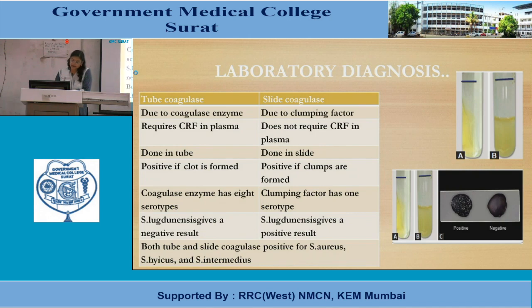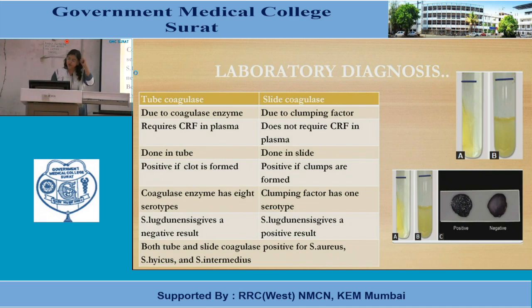S. lugdunensis also gives a positive result in slide coagulase, but it doesn't give a positive test in tube coagulase. Both tube and slide coagulase positive tests are shown by Staph aureus, Staph hyicus, and Staph intermedius.